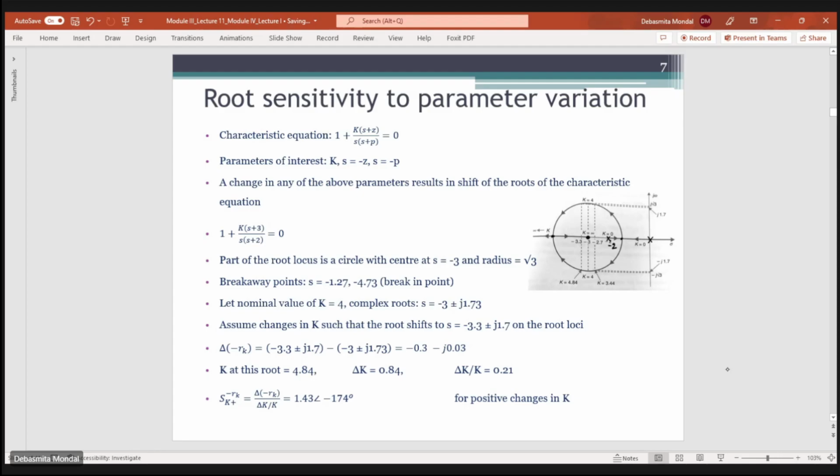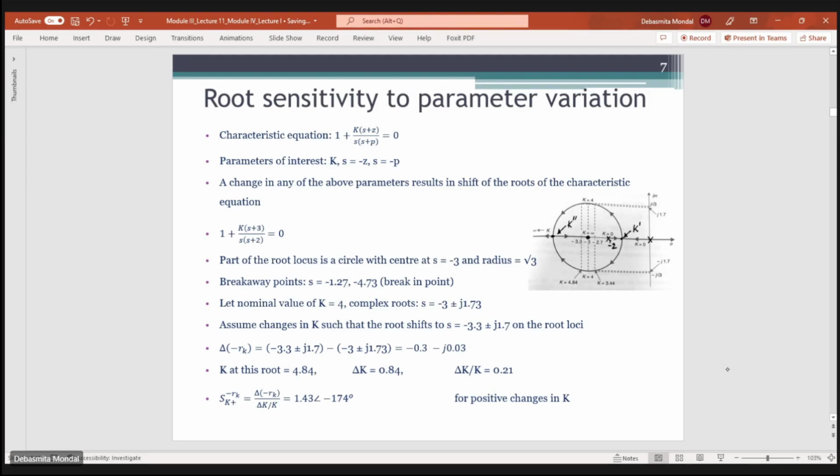Once you have drawn this root locus, you see that the breakaway point is minus 1.27 and the break-in point is minus 4.73. Let's say the value of k at one point is k dash, and the value of k at the other is k double dash.